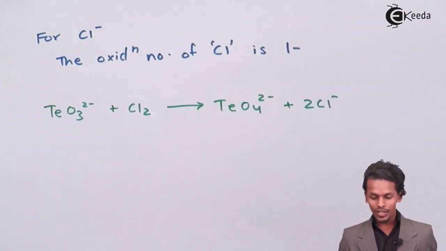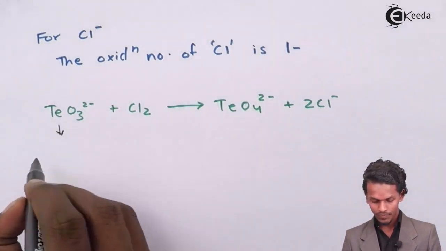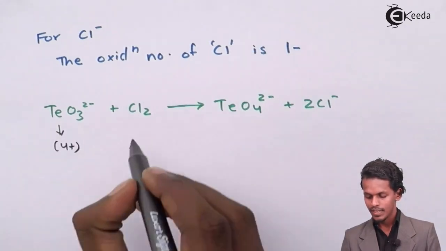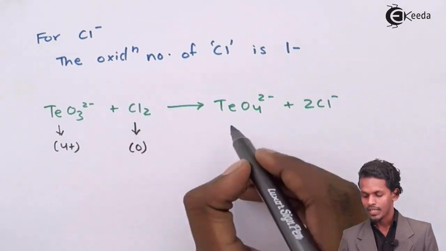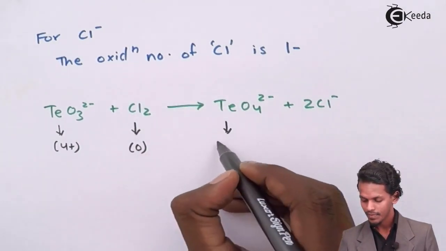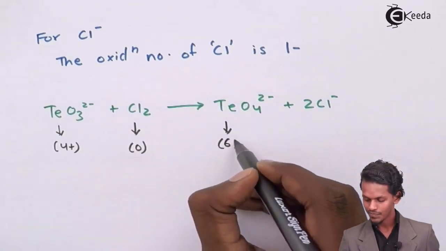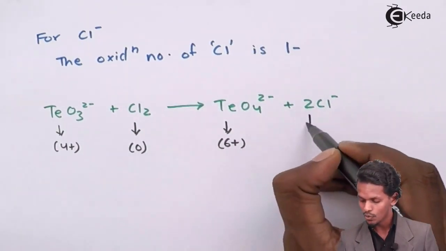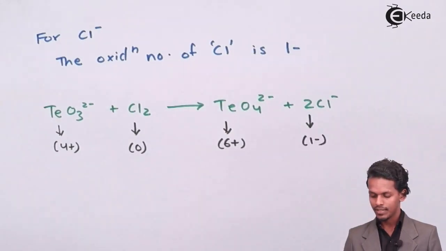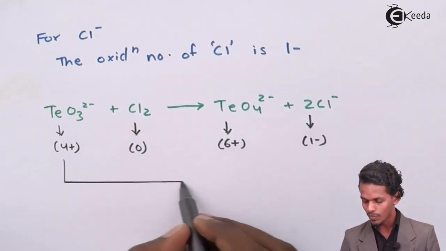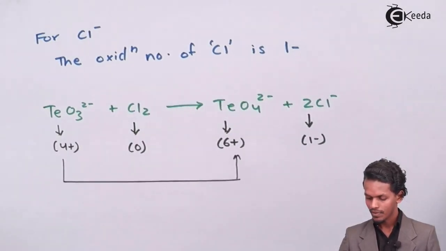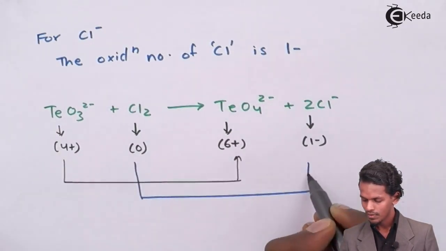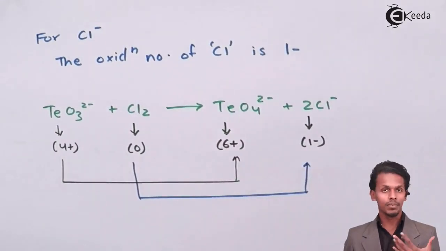The oxidation number of tellurium for TeO3 2 minus was found to be 4 plus, while that of chlorine was found to be 0, while in this case it was found to be 6 plus, and in this case it was found to be 1 minus. So let us compare tellurium with tellurium and the chlorine atom with the chlorine atom, the oxidation number.